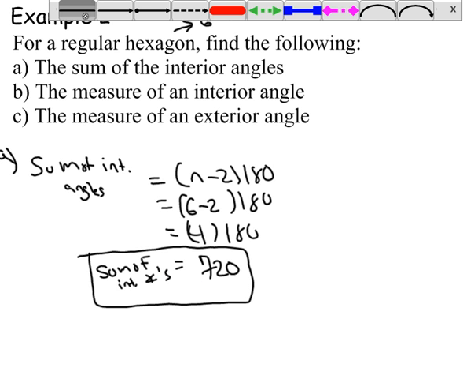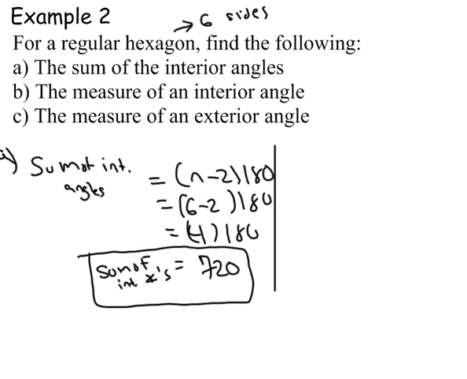Let's do part B. Part B wants the measure of an interior angle, or just one of them rather, so we have to take the sum and divide it by the amount of sides.